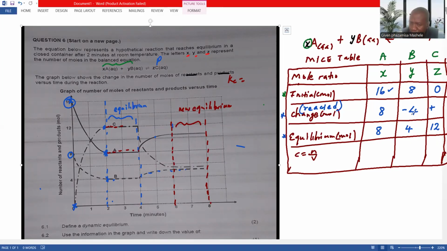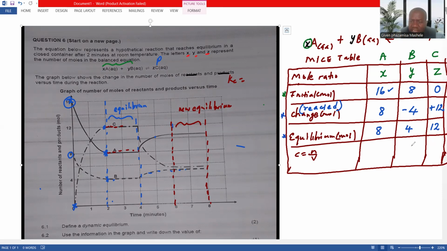I believe you are following. Okay? Then now, this side, what is the value now? This becomes 12. Why? Because 0 plus 12 gives 12.